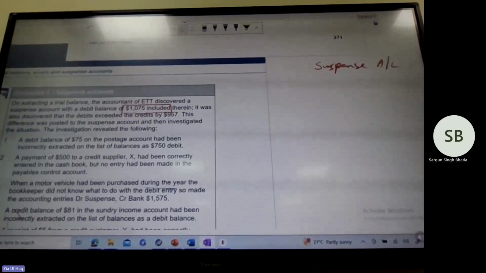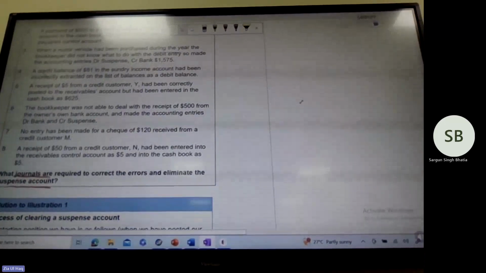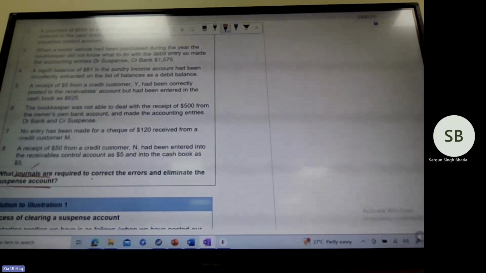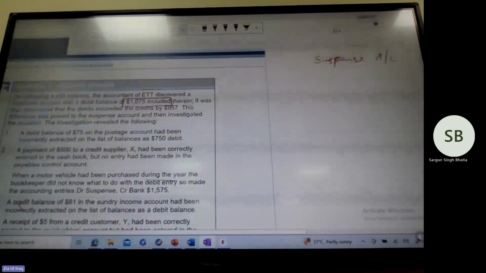So what was the question? The question is saying what journal entries are required to correct the errors, meaning the rectifying entries we need to pass, and eliminate the suspense account, meaning we need to adjust it.